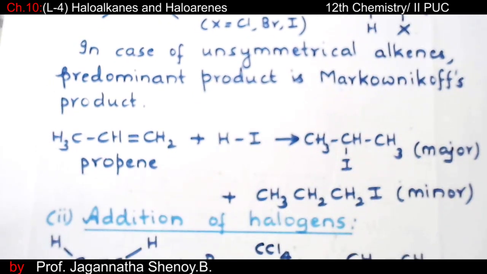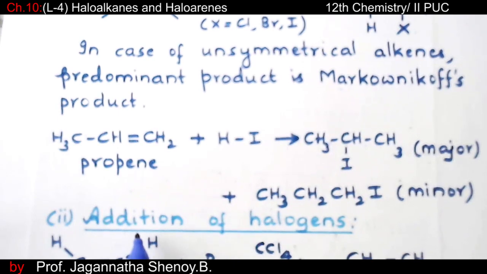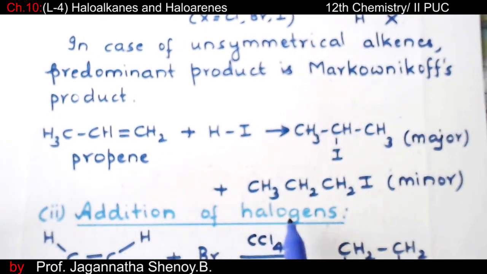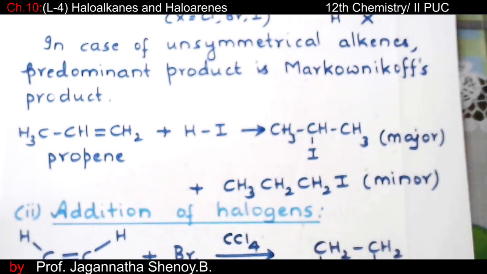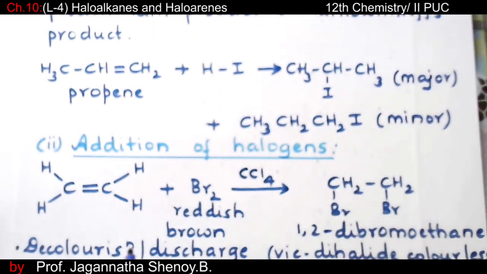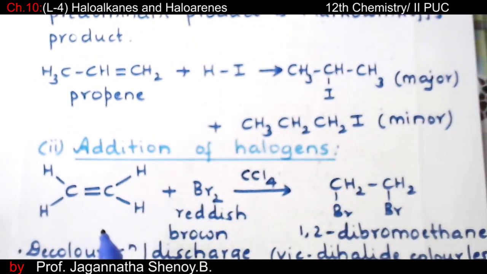Moving over to the second method, I have to consider addition of halogens. For example, I'll start from ethene. I'm going to treat it with bromine in carbon tetrachloride. What happens? The reddish brown color of bromine in carbon tetrachloride is discharged or decolorized.